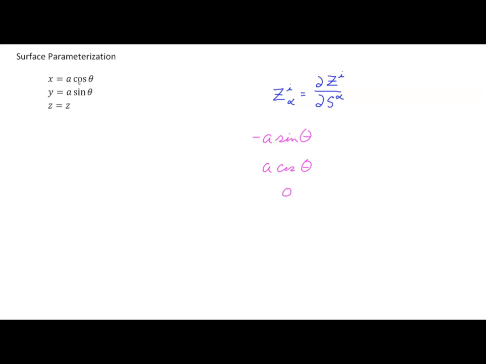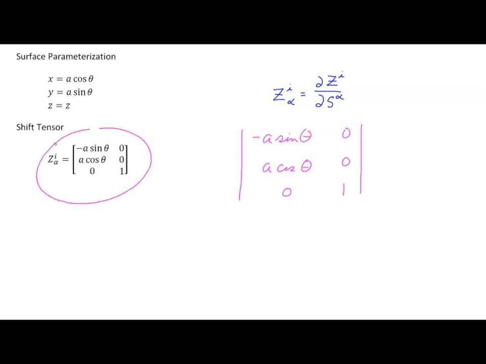And then we'll run through each of them again with respect to z. So x with respect to z is just 0. Partial of y with respect to z is 0. And the partial of z with respect to z is just 1. So there's our shift tensor right there, and it looks like this. That is our shift tensor for a cylindrical surface.